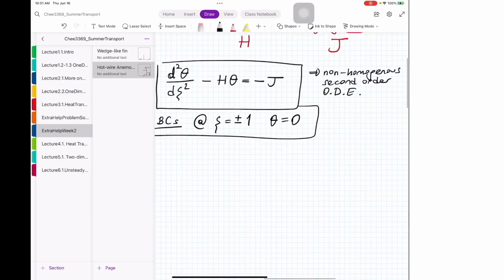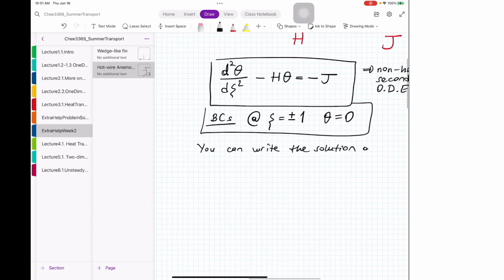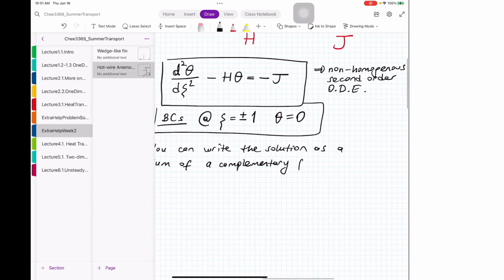So you can write down the solution as a sum of a complementary function and a particular solution or particular function.